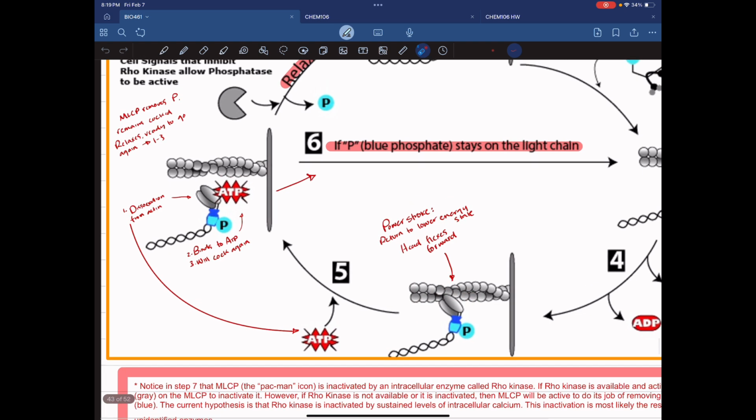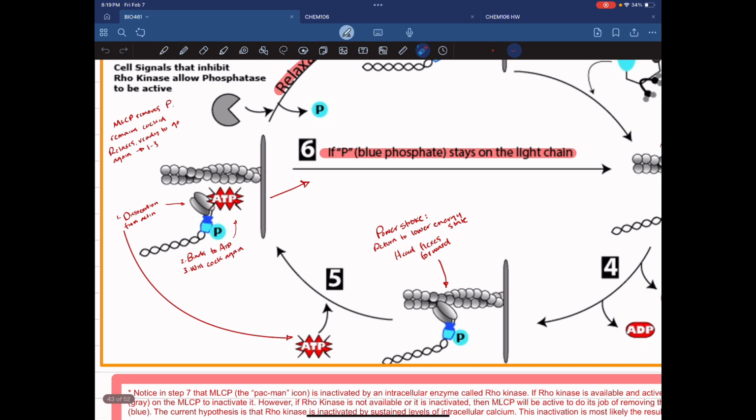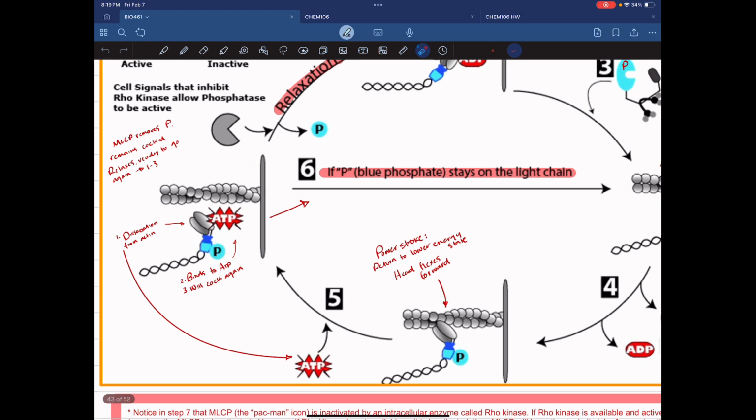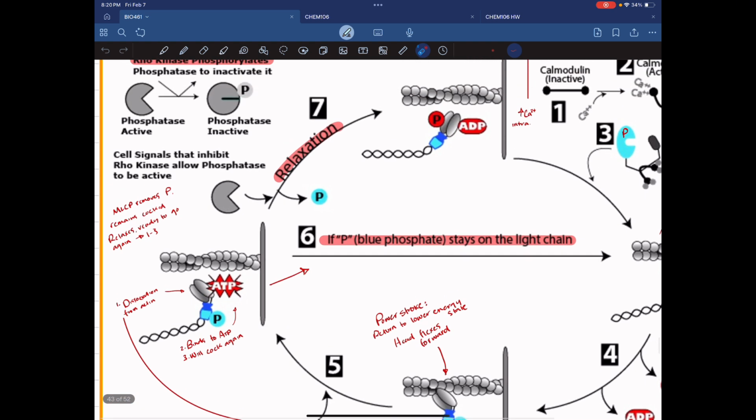The next step, step 5, is ATP coming back in. You can see that ATP attaches, and just like how it pushes myosin off of actin in skeletal muscle, it's going to do the same thing and dissociate from the actin. This allows our myosin to cock again, back into its cocked position.